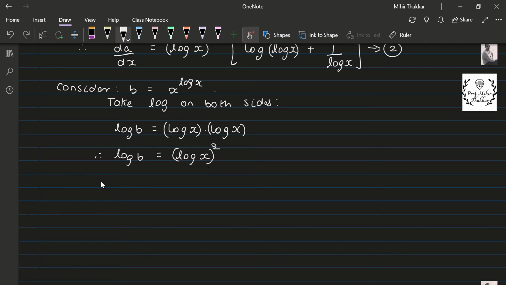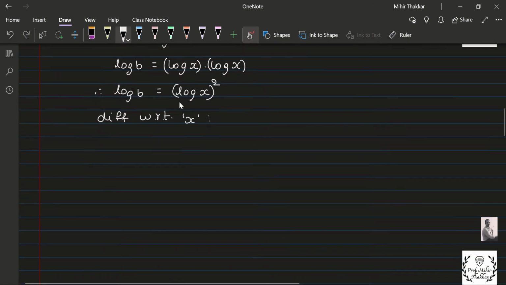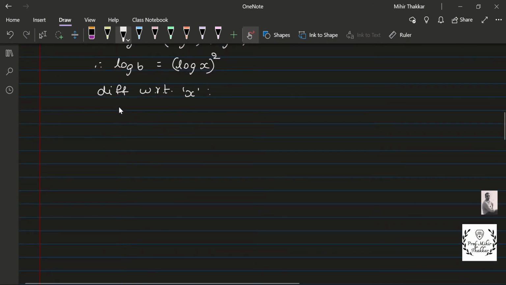I will say over here, differentiating with respect to x. Left hand side, as you already know, the derivative of log b is 1 by b into db upon dx. But the right hand side is very important guys. Log x is a function of x.